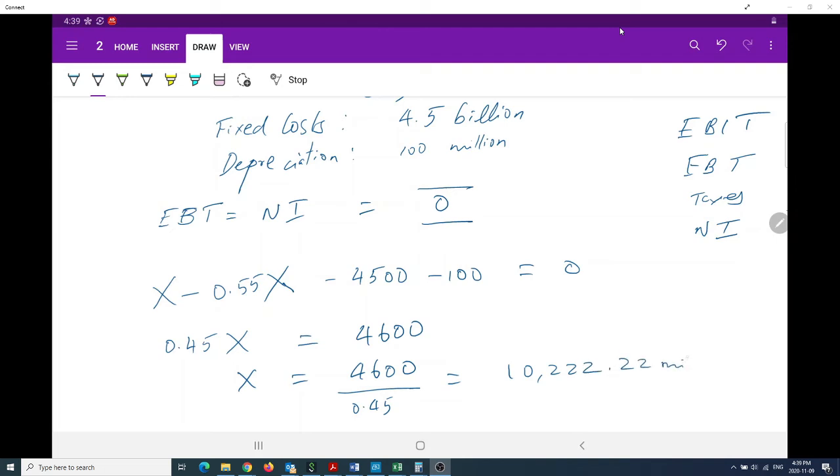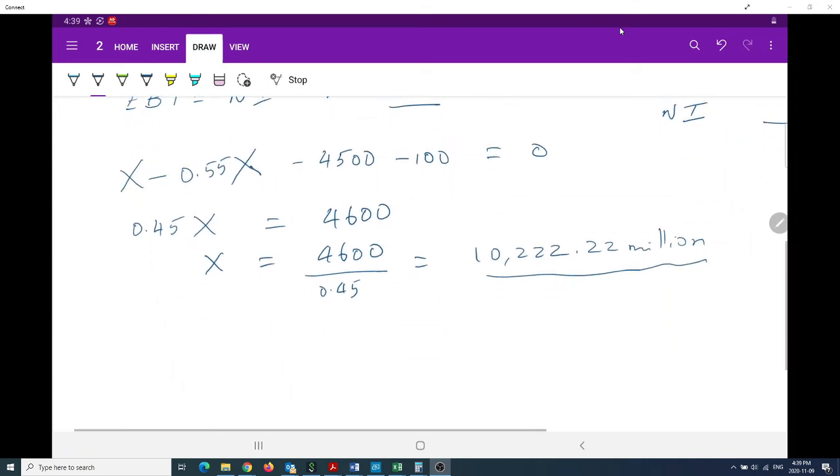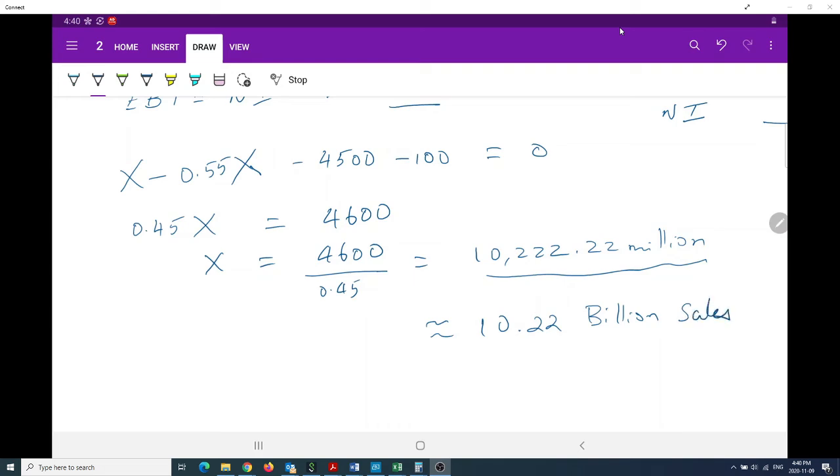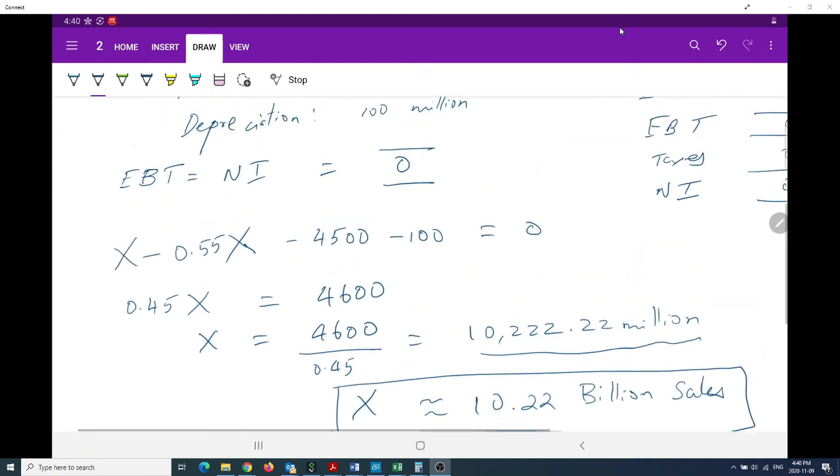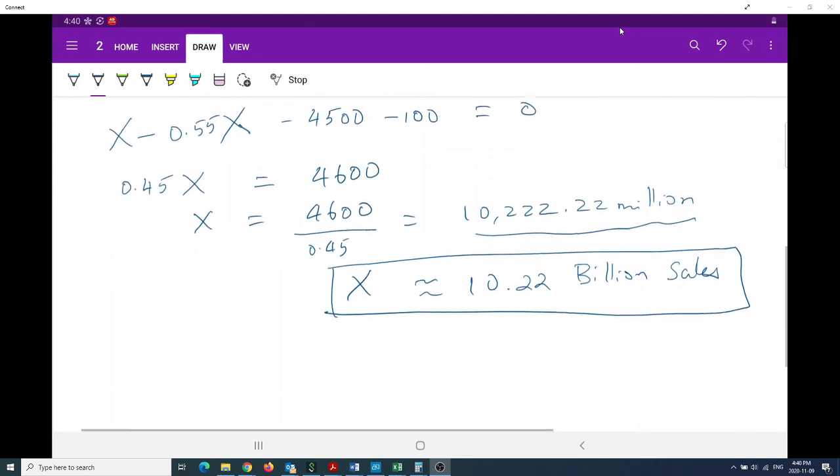That's how many millions you need to achieve in sales, or in other words, you need to achieve roughly $10.22 billion in sales in order to break even, in order to have an earnings before taxes of zero.